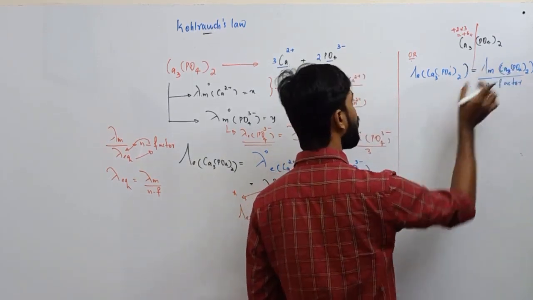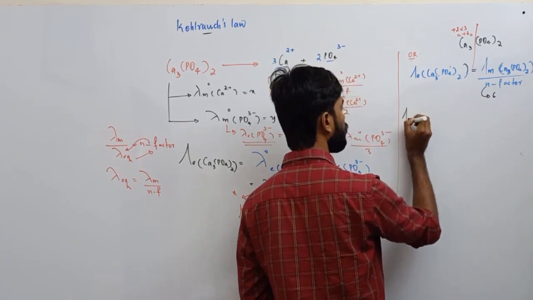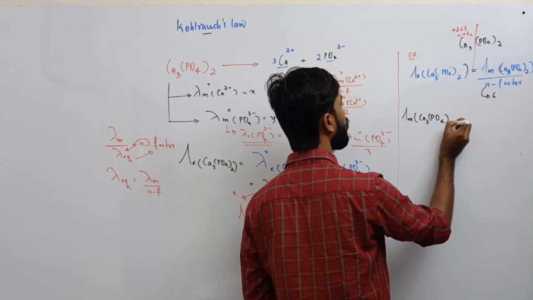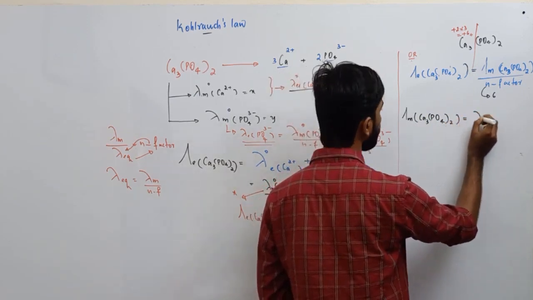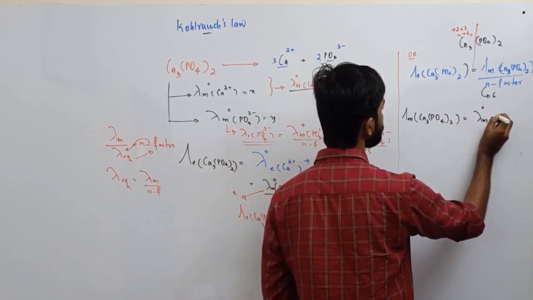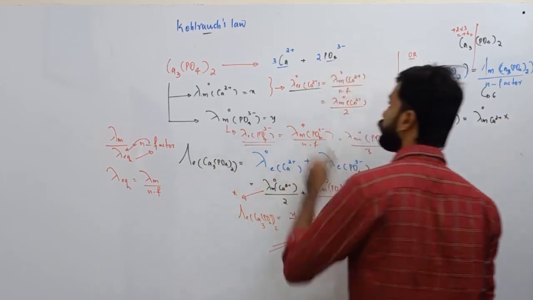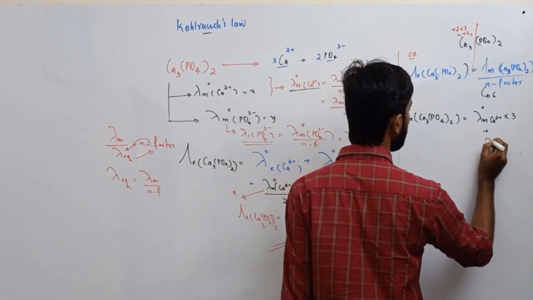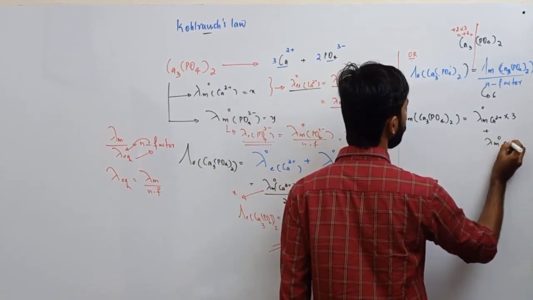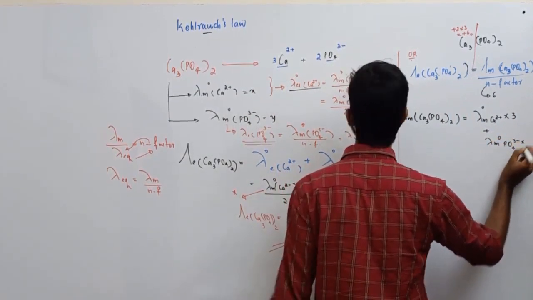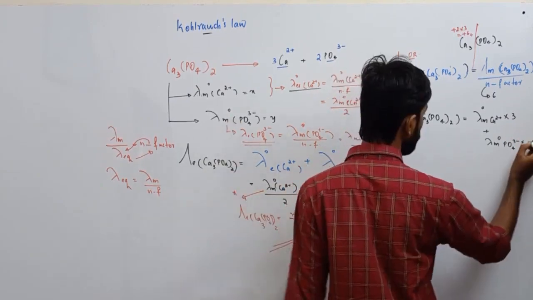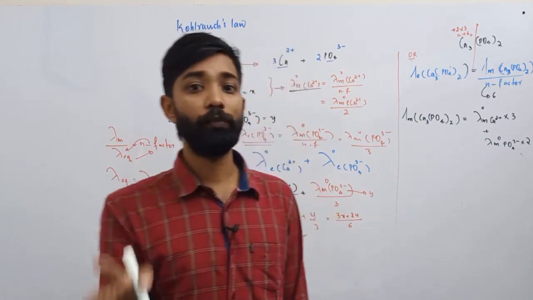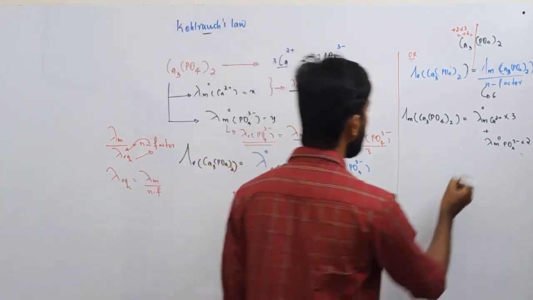So let me find the limiting molar conductivity of that electrolyte. Limiting molar conductivity of Ca3(PO4)2 is equal to the limiting molar conductivity of Ca2+ into 3, plus the limiting molar conductivity of PO4 3- into 2. We know that if it is limiting molar conductivities, then you should multiply it with the corresponding number, right?